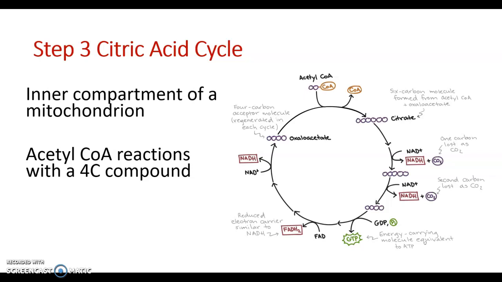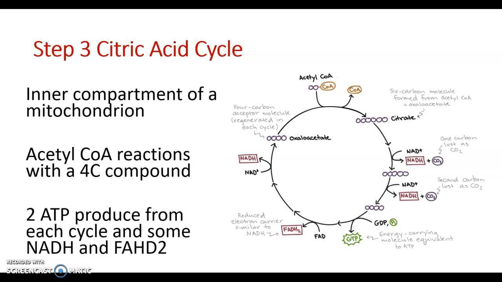Each acetyl-CoA molecule that enters the cycle will produce 2 molecules of ATP and some nicotinamide adenine dinucleotide, that NADH, and some FADH2. We saw some of these molecules produced after some of the previous steps also, but these are important because these, NADH and FADH2, are what is going to build up and fuel the next step, which is going to be the electron transport chain. Again, this is happening in the inner compartment of the mitochondrion.